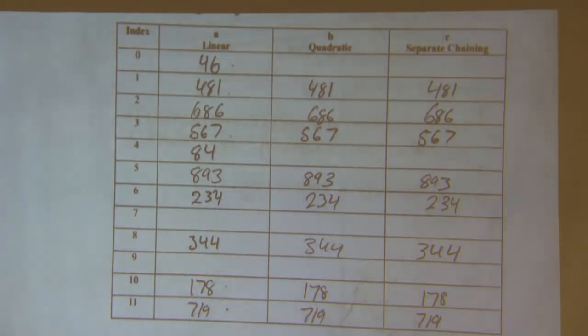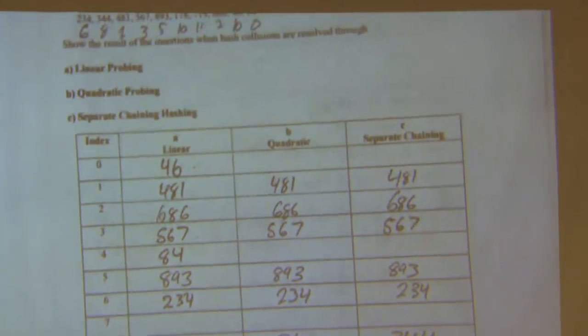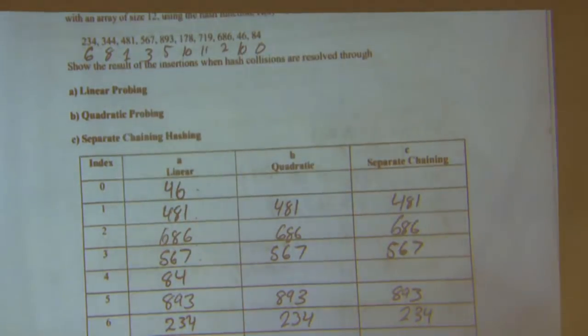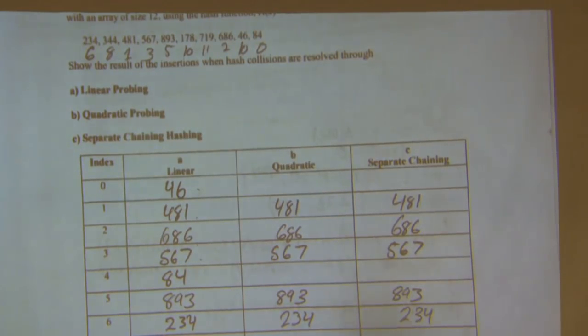Okay, any other questions? Or can I move on to quadratic? Okay, so with quadratic probing, we were on 46. So we try to insert 46 into 10, and that doesn't work. So we go to the next cell, and then we see that we can insert it there. With quadratic probing, we're going basically to the squares.